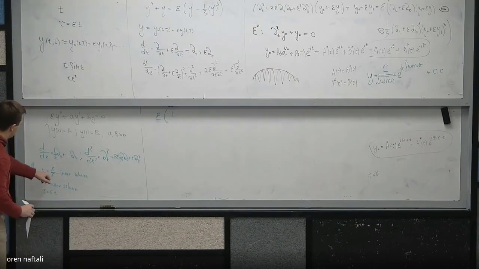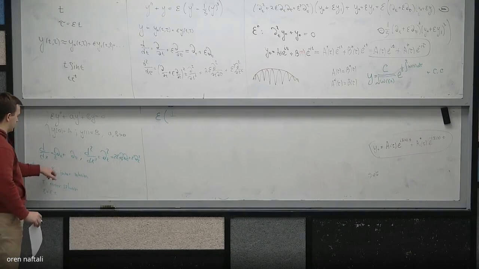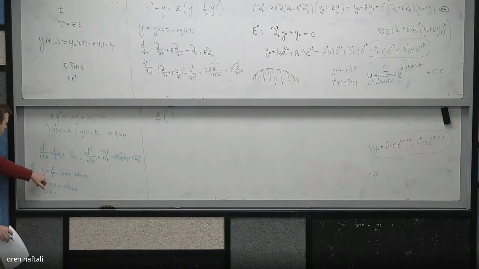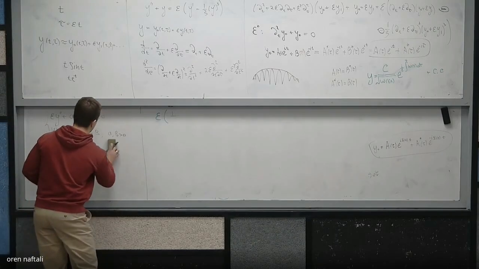So if you multiply here by epsilon, you have epsilon t, which is tau, and the derivative is the same. But when you differentiate with respect to t, you have to adjust this factor. So let me try to do it carefully.